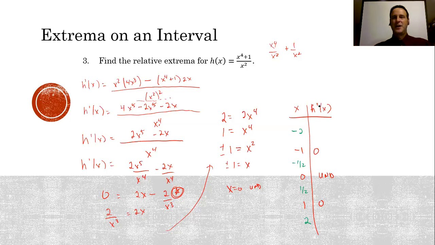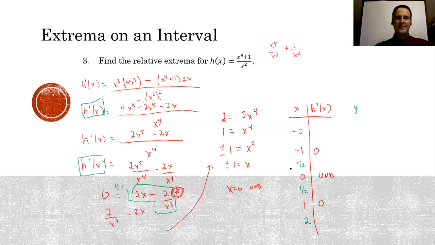Nevertheless, if you have ugly numbers like this, know that you can take this h prime of x, put it in your TI-84, and then just plug in the numbers. Just say, I'm going to let my y1 be equal to this. Actually do the more simplified version, maybe even this one better. Let that be your y1, and then plug in all these numbers and see what happens.